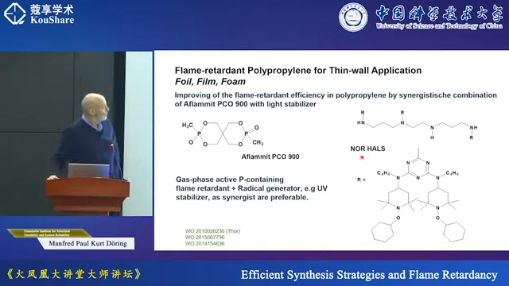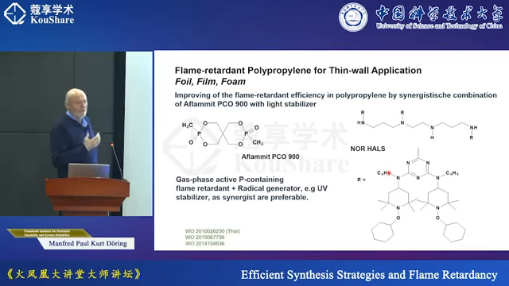Okay, sure, this is very important, of course, for thin applications, more than for bulk applications, especially for foils. And this together can work very well as a flame retardant formulation, for example, in polypropylene. We will see more later.